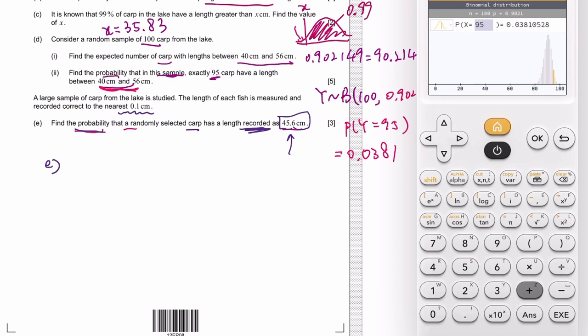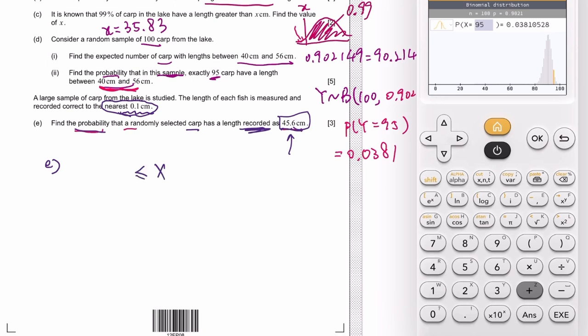Well, then you think, what would be the actual length of the fish so that it will be recorded as 45.6 if the measurement is corrected to the nearest 0.1 cm? Okay.